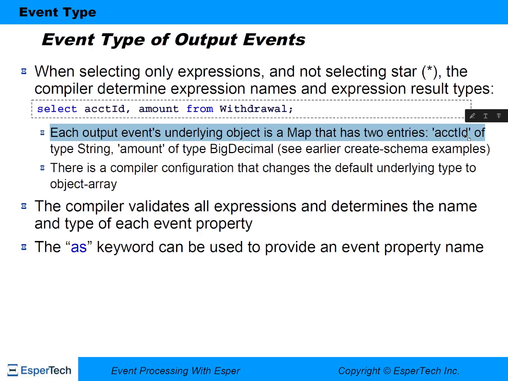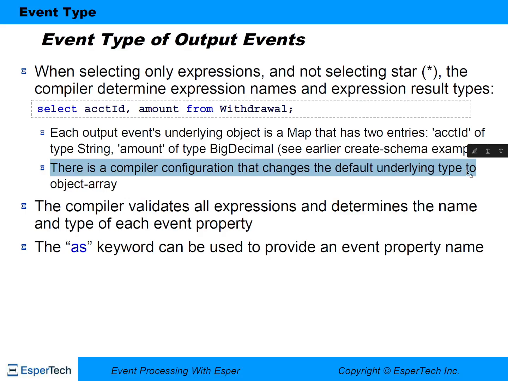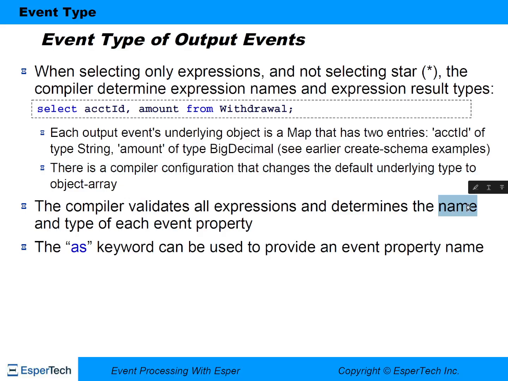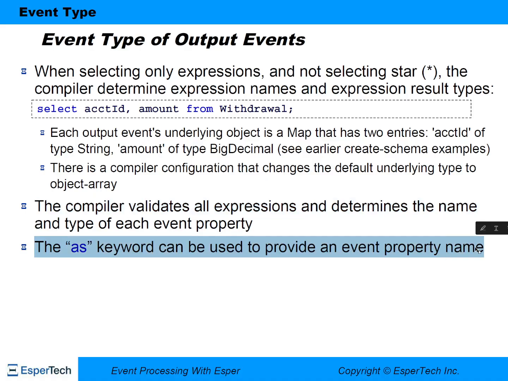See earlier create schema examples. There is also a compiler configuration that changes the default underlying type to object array. The compiler validates all expressions and determines the name and type of each event property. The as keyword can be used to provide an event property name.